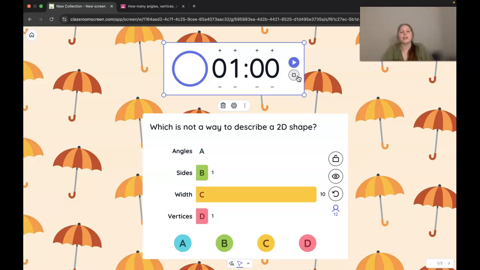Okay, what about sides? Oh, I see friends showing me those sides. Good job. Okay, now what about vertices? Good job. We had those sides and we're squishing them together. This is where they come together. Okay, width was not one, right, friends? We didn't have an action for width because width is not a way that we describe two-dimensional shapes.